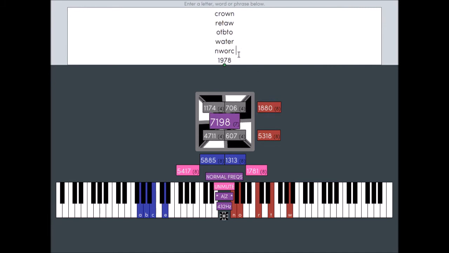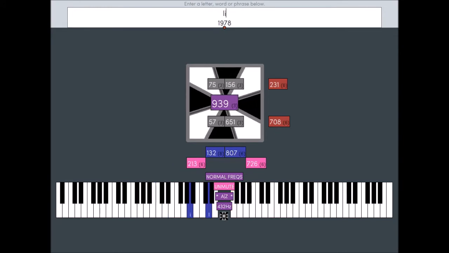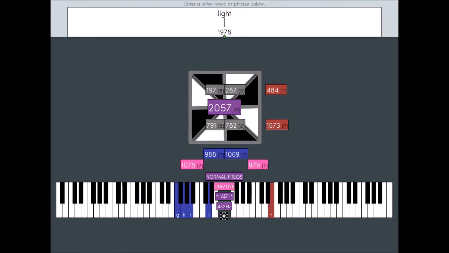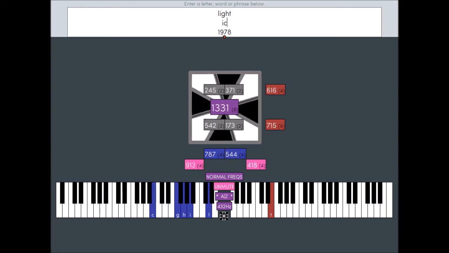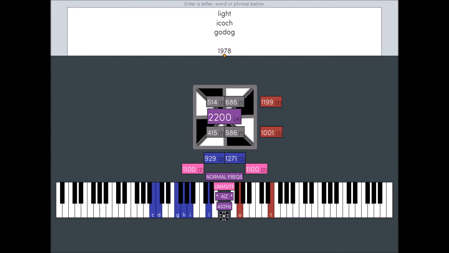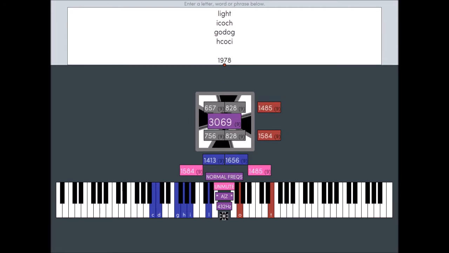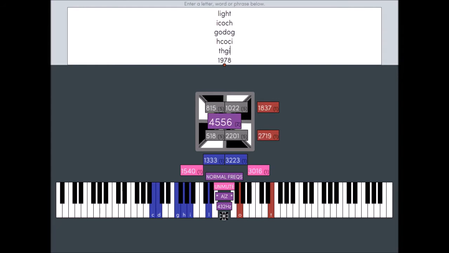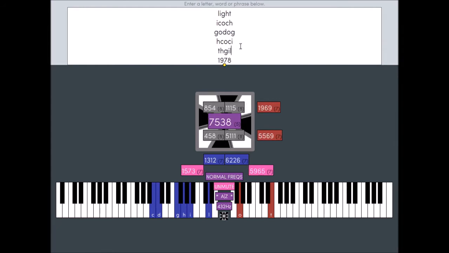1978. Let's just put in this light, COCH, TODOG, ACOCI, light backwards, THTIL, 5738.